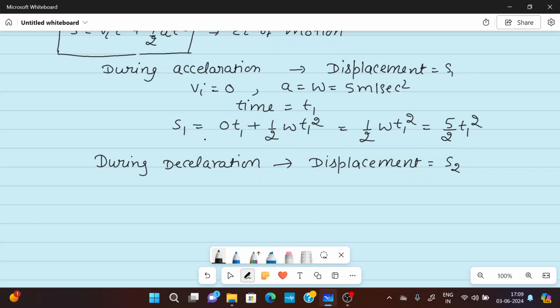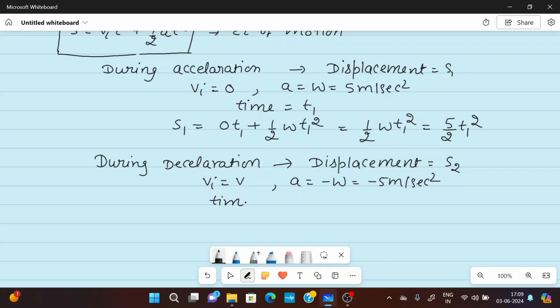That is, displacement during deceleration is equal to displacement during acceleration. So during deceleration, initial velocity is v, acceleration here is minus w. Here negative sign is taken because car is decelerating here. So it is minus 5 meter per second square.